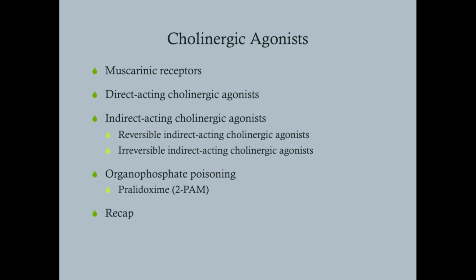We'll talk about a very important application of cholinergic agonists, and that's cholinergic agonists that are due to organophosphate poisoning. Organophosphate is a particular pharmacologic type of cholinergic agonist. They're used for pesticides, but they're also used in chemical terrorism. And so it is worth talking about because it does come up on USMLE, especially Step 1. We'll talk about the antidote to organophosphate poisoning, that being pralidoxime, and then we will do a quick recap.